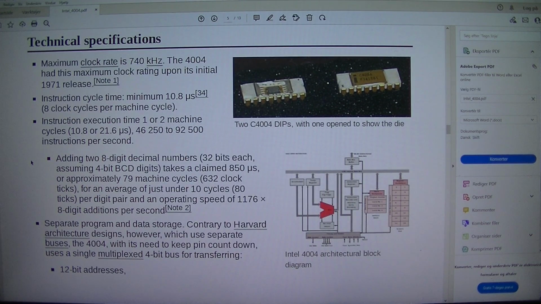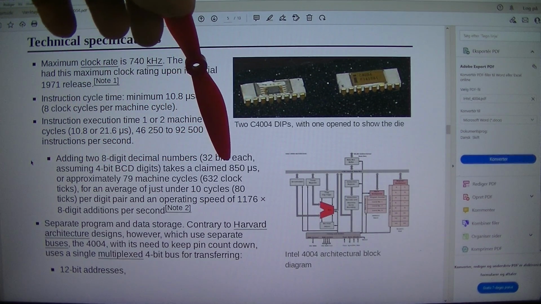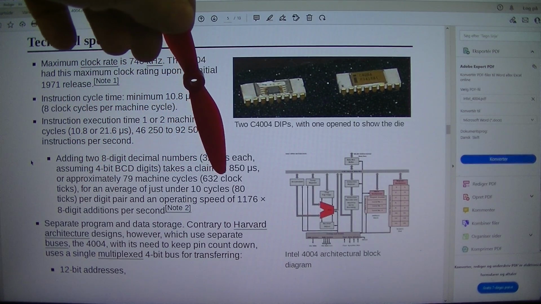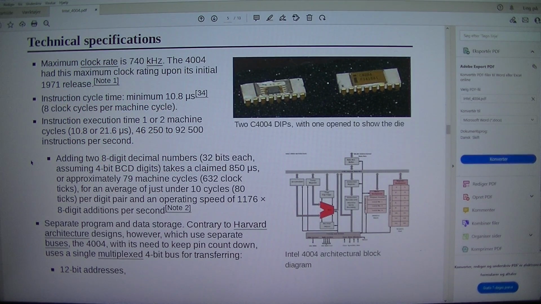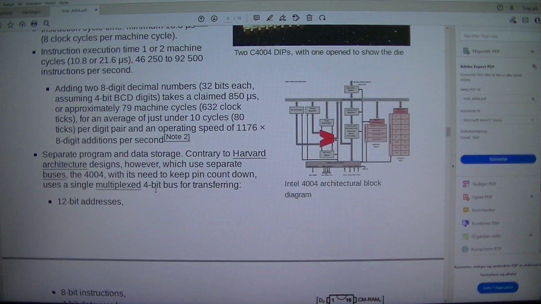Adding two 8-digit decimal numbers, 32 bits each, assuming 4-bit BCD digits, takes a claimed 850 µs, or approximately 79 machine cycles, 632 clock ticks, for an average of just under 10 cycles, 80 ticks per digit pair, and an operating speed of 1,176 8-digit additions per second.